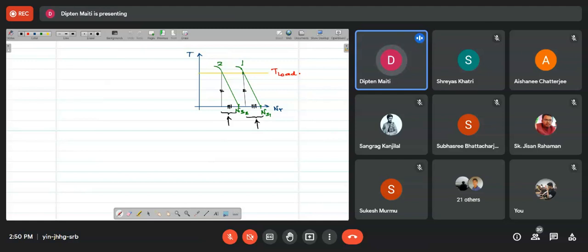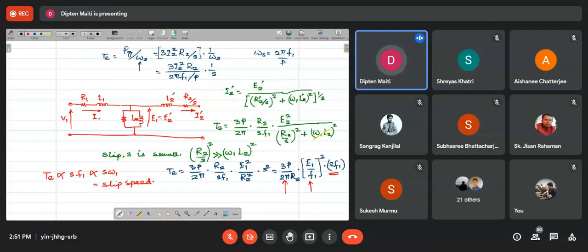So if you plot the torque speed characteristics for this V by F control, or variable voltage, variable frequency control, your torque speed characteristics at different synchronous speeds should be parallel to each other this way. So we are actually moving from one synchronous speed to another by changing the frequency.